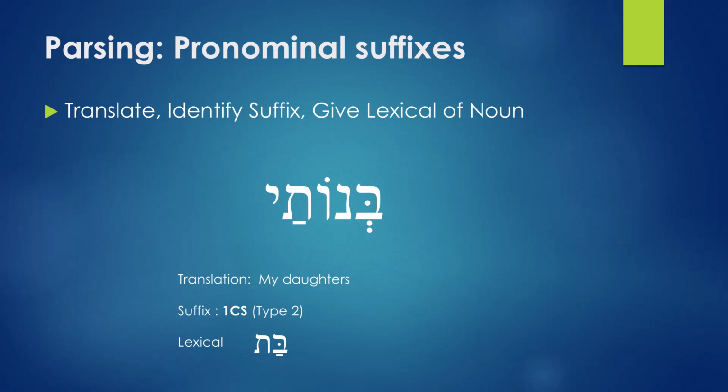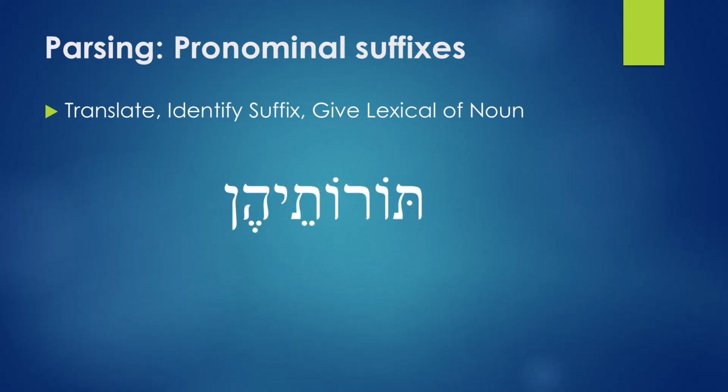Bat means daughter. But when you add the suffix, it becomes b'notai, and b'notai means my daughters. It's daughters because of the kametz yod, the sign of a type 2 suffix. So my daughters, first person common singular.